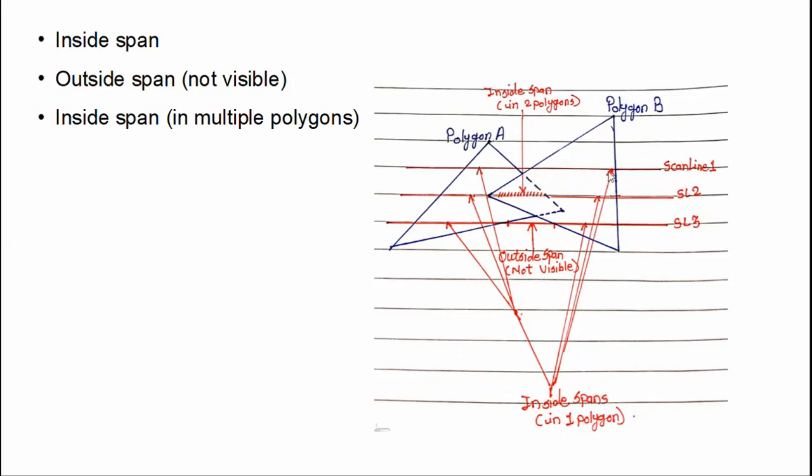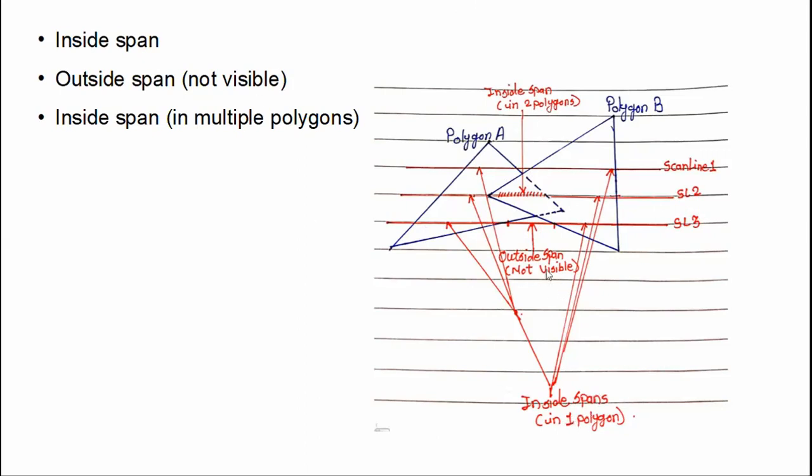This is contained in polygon B, and this span is contained in polygon A. Similarly, for scanline 2, this much portion is contained in polygon B, and this portion is contained in polygon A. Similarly, for scanline 3, this portion is contained in polygon B, and this span is contained in polygon A. So these are called the inside spans, which are inside one polygon only.